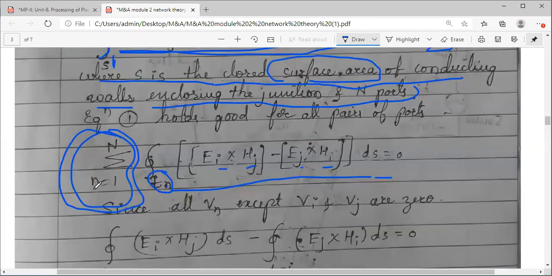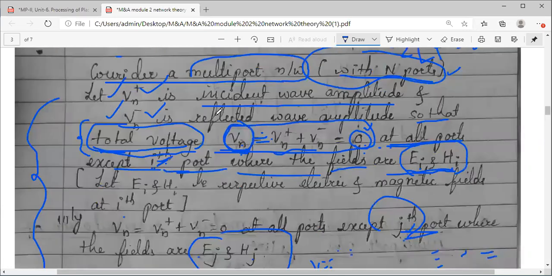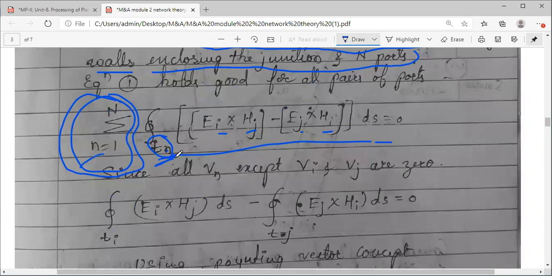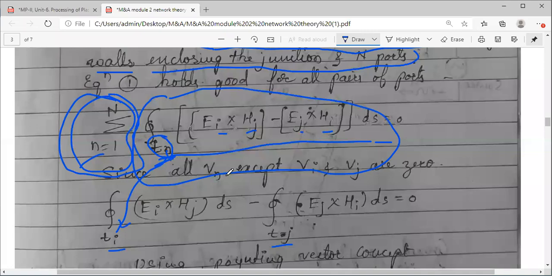But in our consideration, even though we have a multi-port network, we are considering only the I port and J port, and we are not bothered about the remaining ones. Only Ti and Tj are needed for me, because when I started my derivation I considered a multi-port network, and in that I want only a pair of ports, I and J, for analysis. So in the complete equation, which holds good for multi-ports, for my condition I put N as I, and N as J. Two things I have done: N is equal to I, N is equal to J. Now after this, the Poynting theorem comes. You can see this resembles a Poynting theorem.